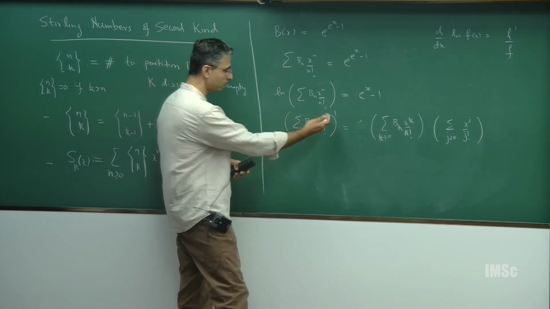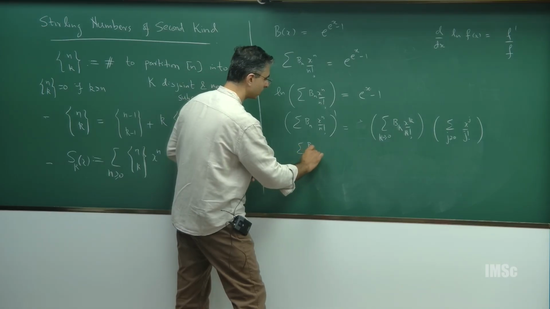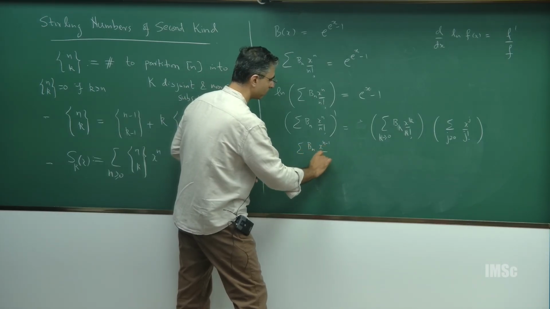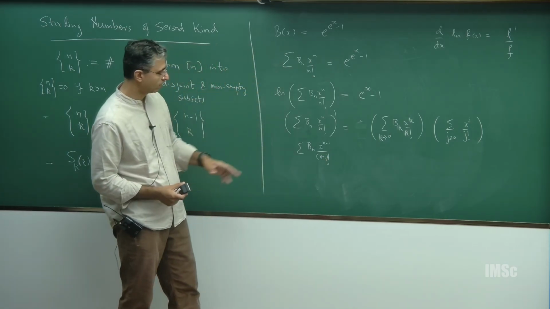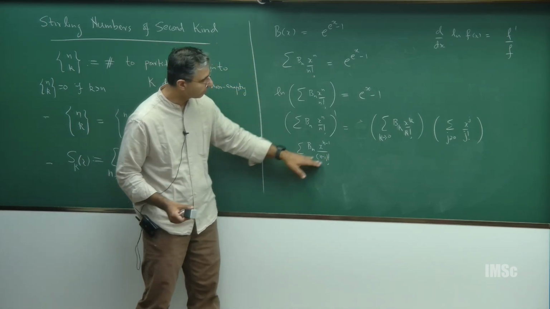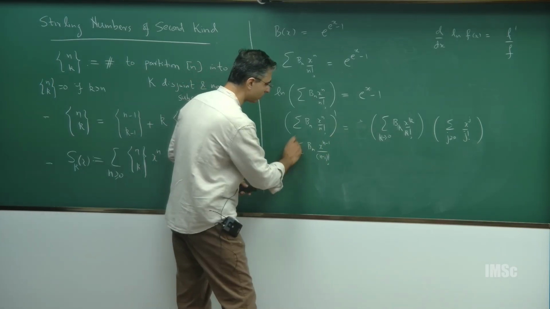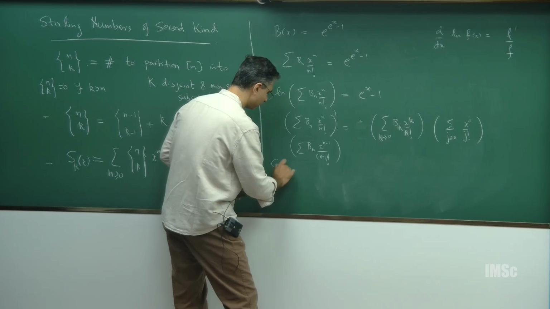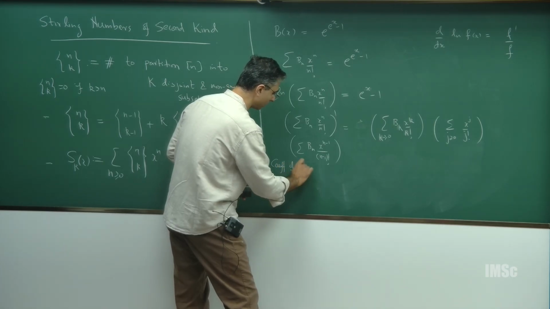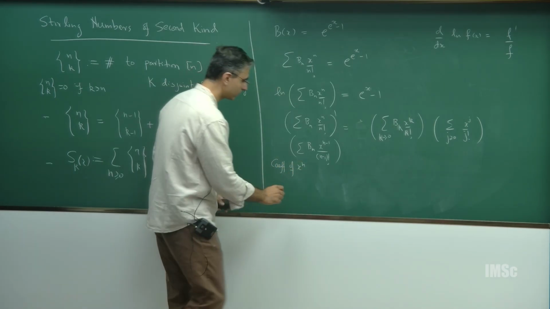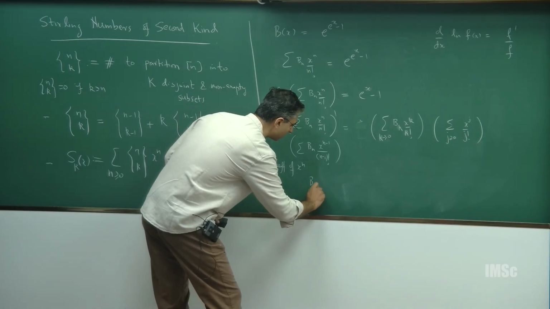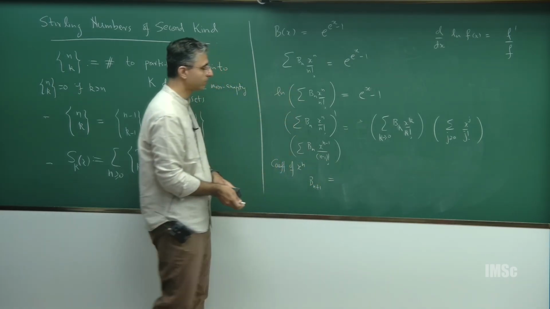If you pull in the derivative, this will be n x raised to n minus 1 upon n minus 1 factorial. So, this sum is equal to that. The coefficient of x raised to n is bn plus 1. If you compare the coefficient of x raised to n on both sides, we get bn plus 1 on the left.